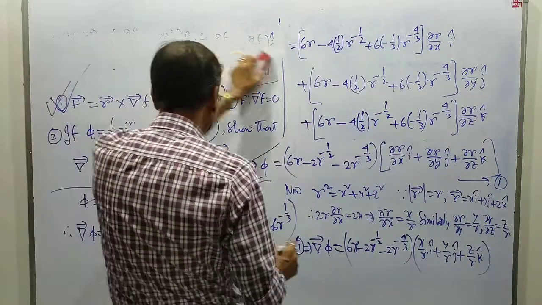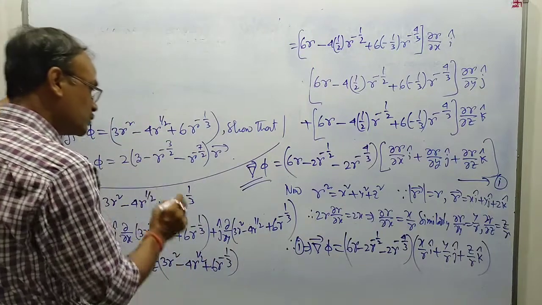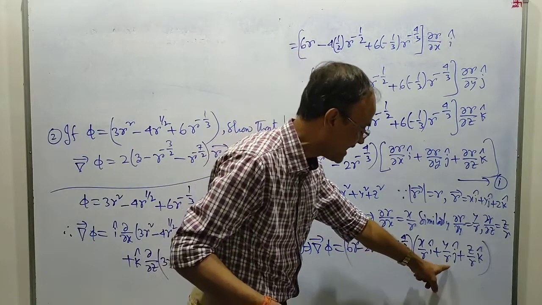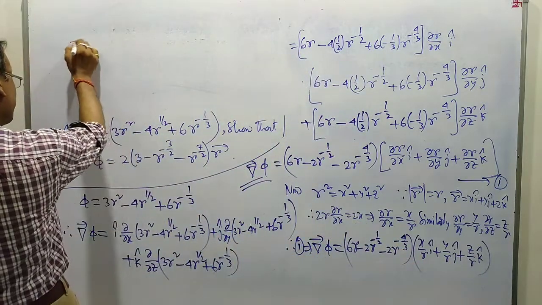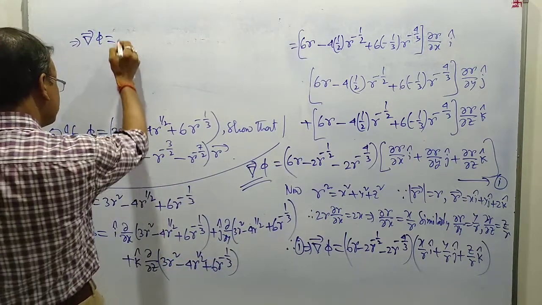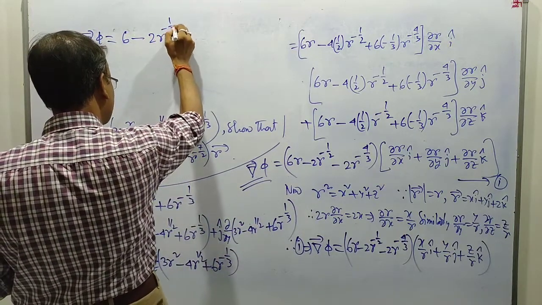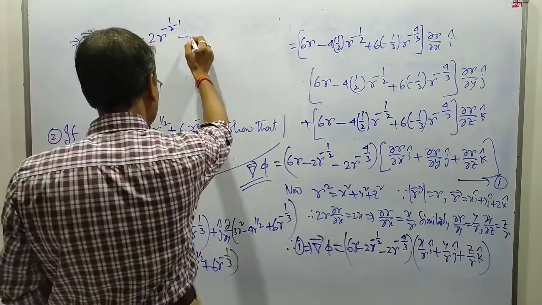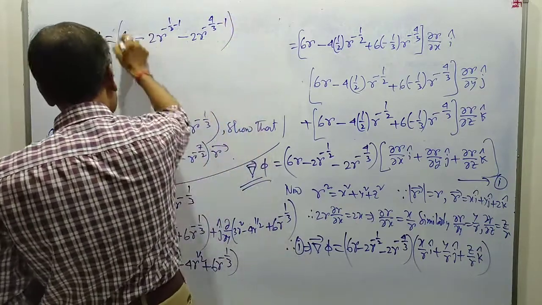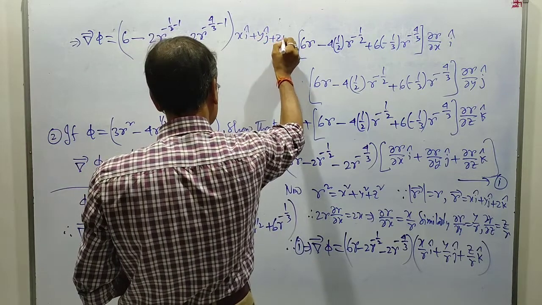Now, let me write here. This is equal to, the r can be taken outside, 1 by r is common. Therefore, gradient of phi equals (6 minus 2 times r to the power minus half minus 1 minus 2 times r to the power minus 4 by 3 minus 1) into (x i cap plus y j cap plus z k cap).